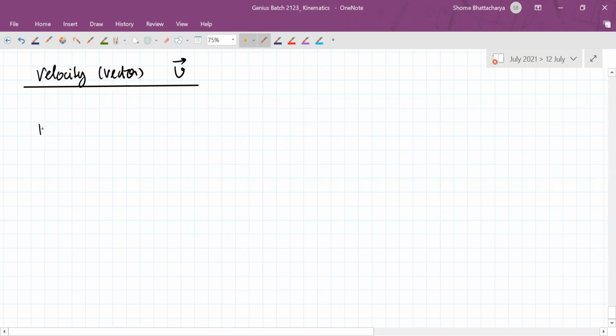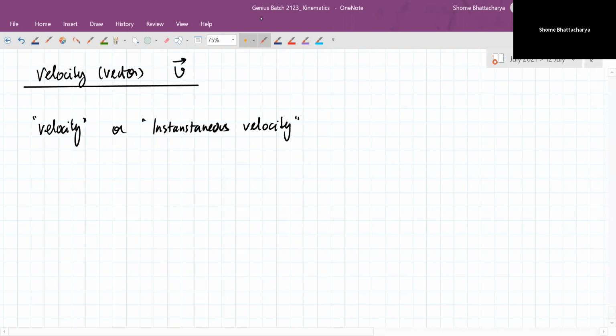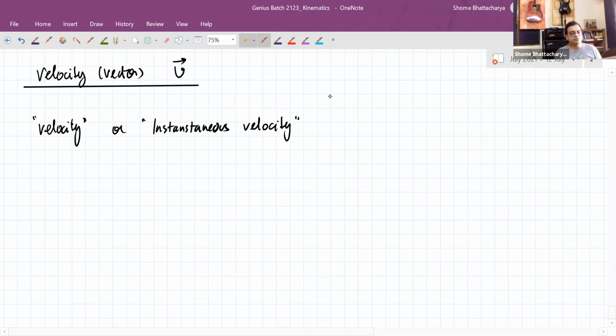When we use the term velocity, by default, it means the same thing as instantaneous velocity. So from now on, even if we don't attach the term instantaneous with velocity, the general default meaning of the term velocity is that it is instantaneous velocity.